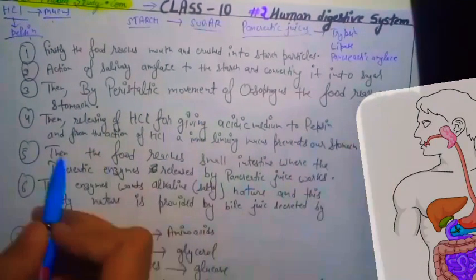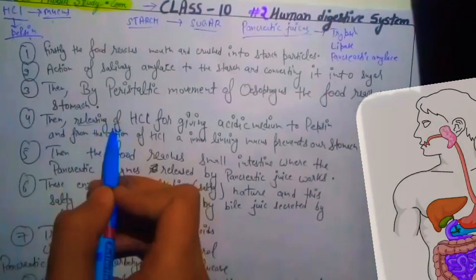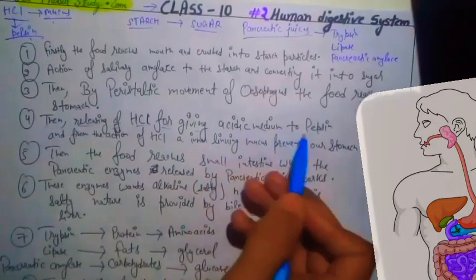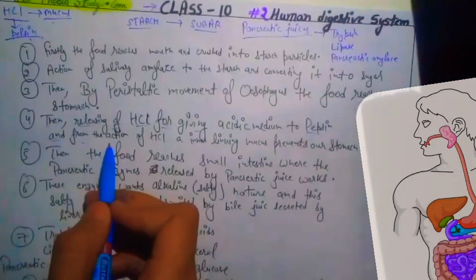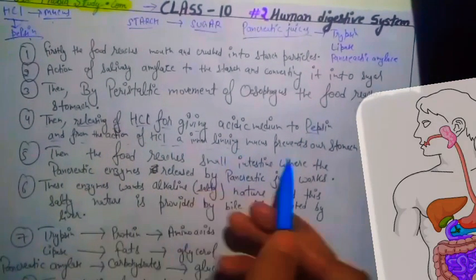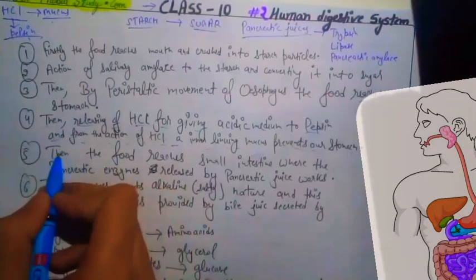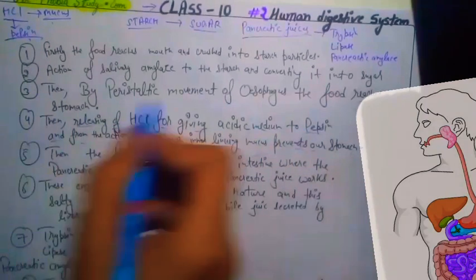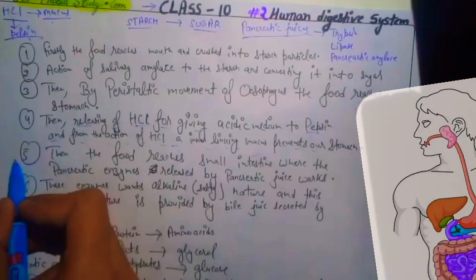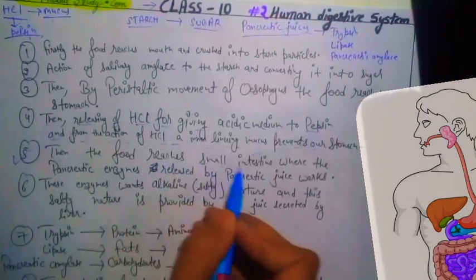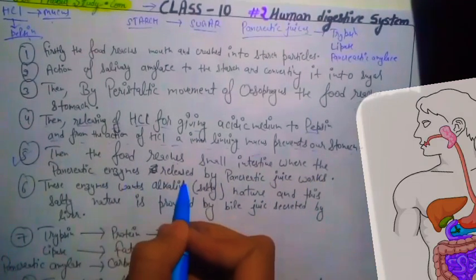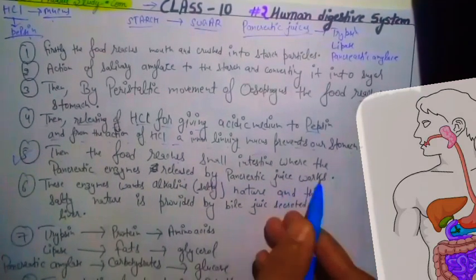Then fourth, HCl is released to give acidic medium to pepsin, and from the action of HCl, the inner lining mucus protects our stomach. It is very important. This fourth point is very important. And fifth, the food reaches the small intestine where the pancreatic enzymes released by pancreatic juice act.